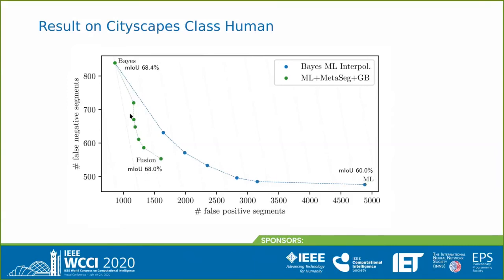And the green curve is below that blue curve and therefore also closer to our optimal point. And just to put it into a punchline, we have a little drop in the mean IU by 0.4%, but we are able to reduce the number of false negatives by more than 1/3, from 900 to, let's say, 550.